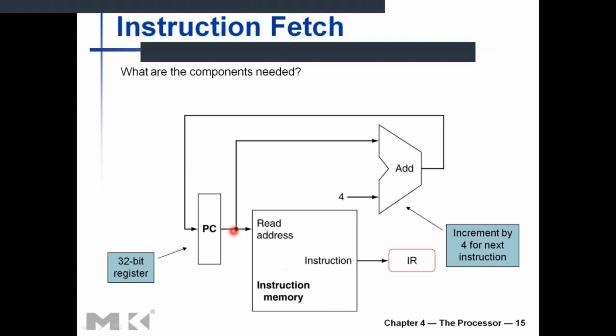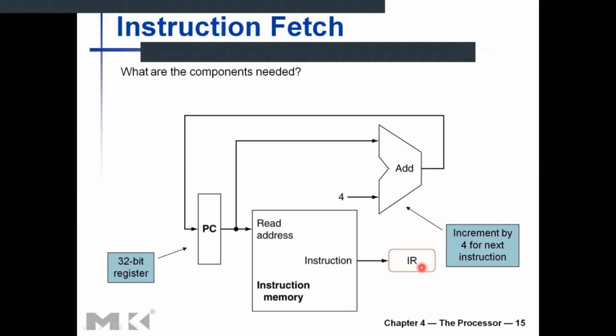You provide the address into the read address port and get the data from the instruction memory. The data in the instruction memory is the instruction itself, right? Instructions in your program. So you fetch the instruction and put it into the instruction register.